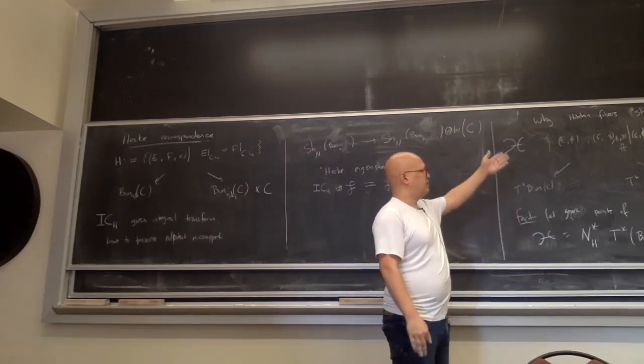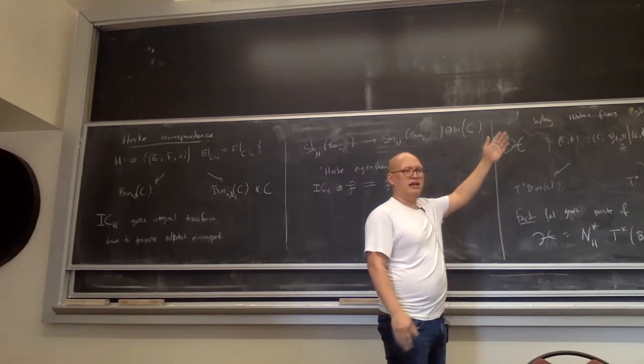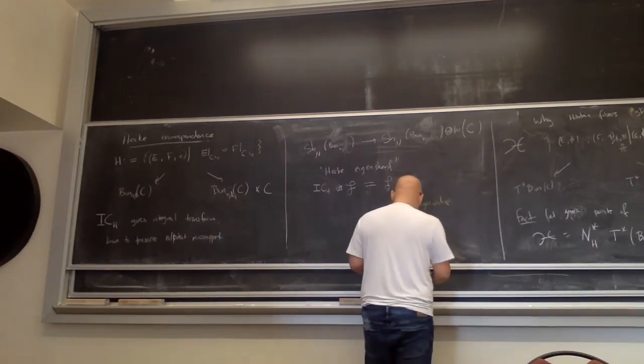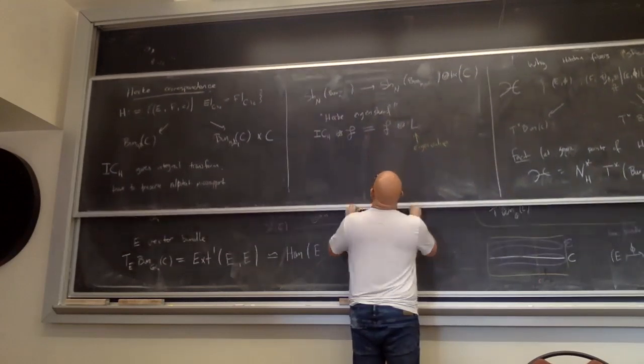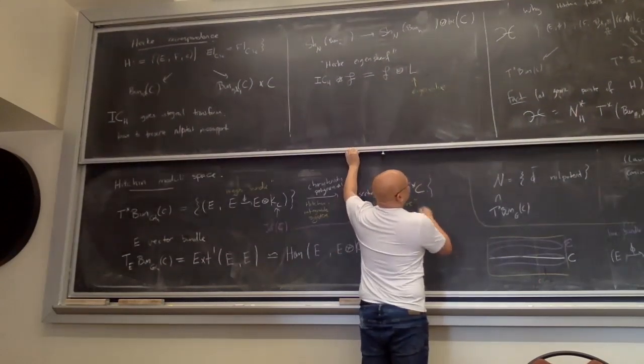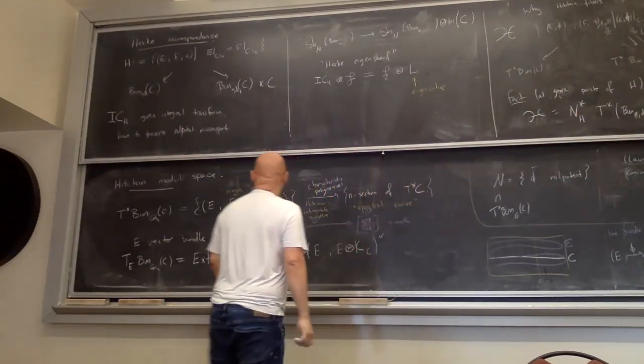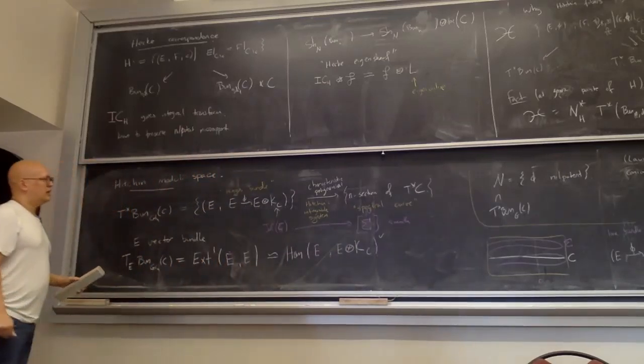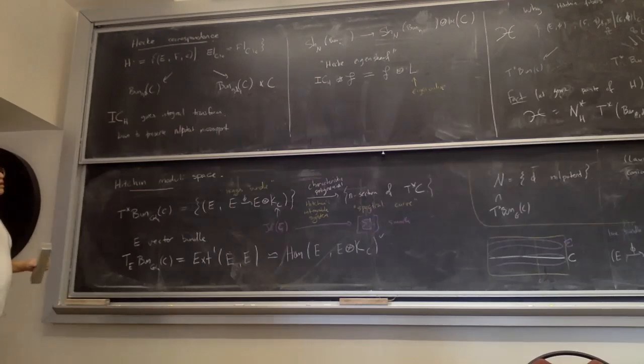Like if you scale phi and you scale psi and you scale the spectral curve, it's just scaled. Okay. And so what is the point?